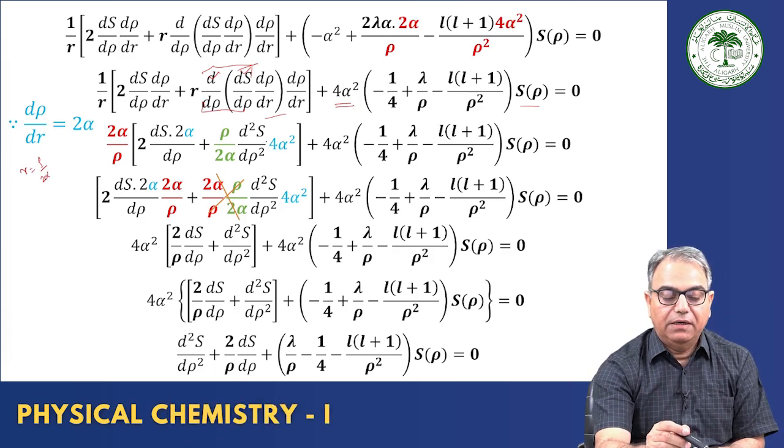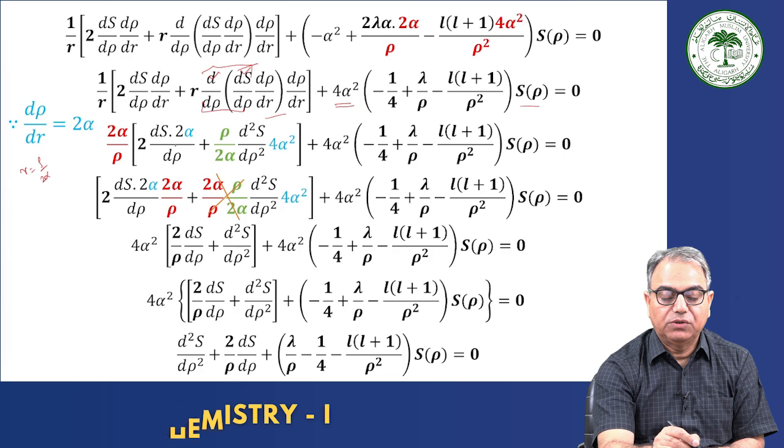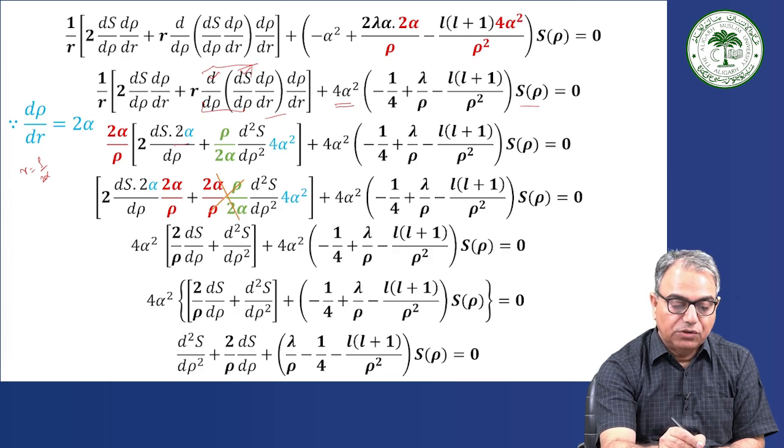Okay. And 1 by r is equal to 2 alpha divided by rho, this you know. So, 1 by r is replaced by 2 alpha divided by rho. Then you have d rho divided by dr is equal to 2 alpha. So, it is 2 alpha here. This also should have been blue. Okay, 2 alpha.